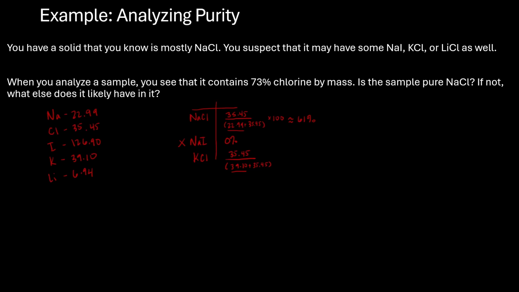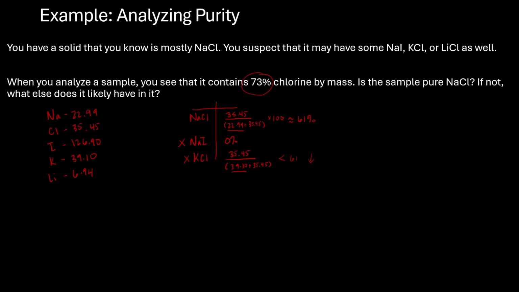That's why this is going to be smaller than 61%, and so it's going to decrease. Again, we don't want to decrease it, we want to increase up to 73. So this can rule out potassium chloride.